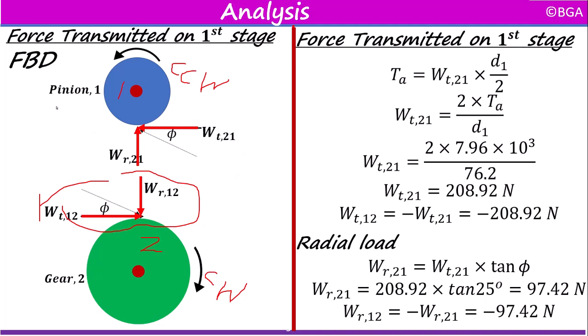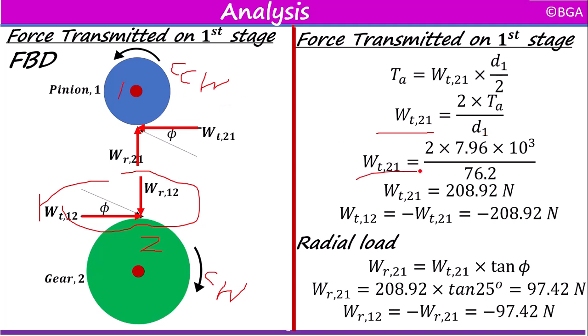Now let's find out the force transmitted on this stage. So torque on shaft A is given by this force transmitted Wt21 multiplied by the lever arm, meaning the radius of this gear. If you do so, then you can see that the force transmitted Wt21 is equal to twice the torque divided by the diameter of the gear.